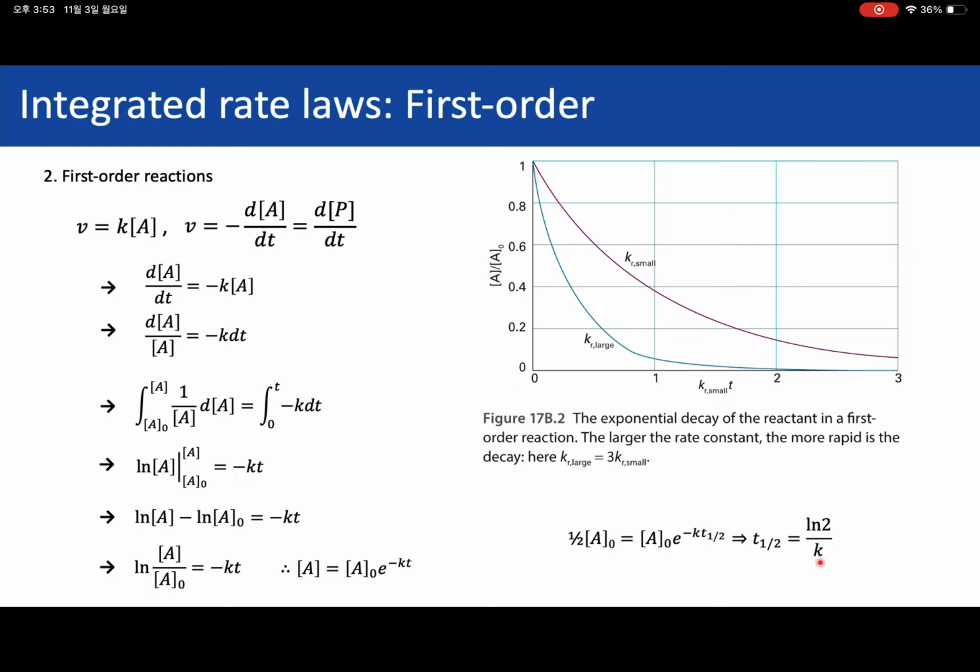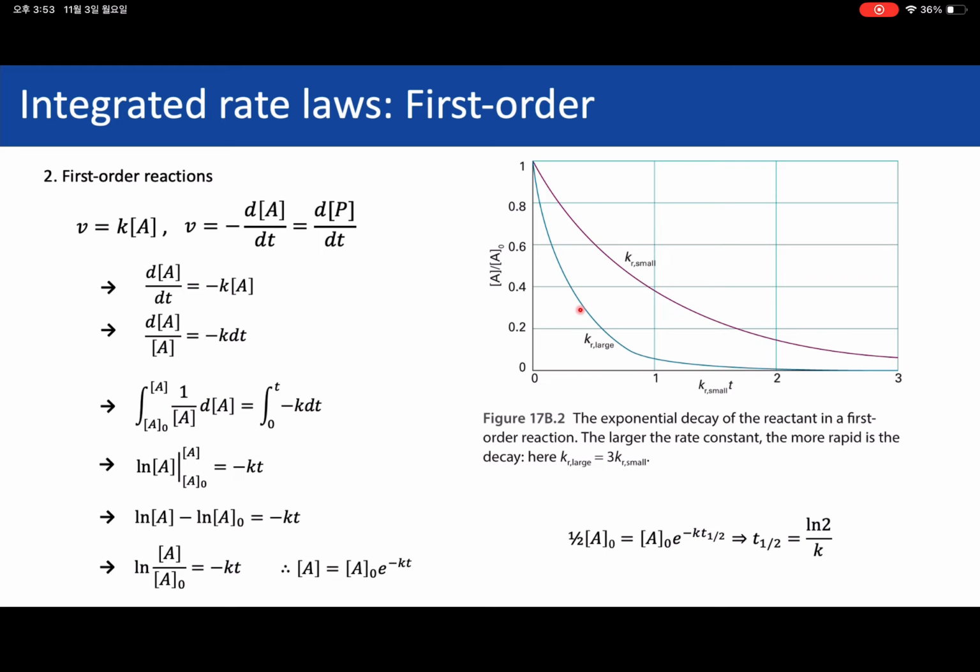So here, the molar concentration A decays in an exponential form. For example, if we say this is a small k, and this is a large k, the larger the rate constant, the smaller the concentration, so it decays faster compared to the smaller k value.